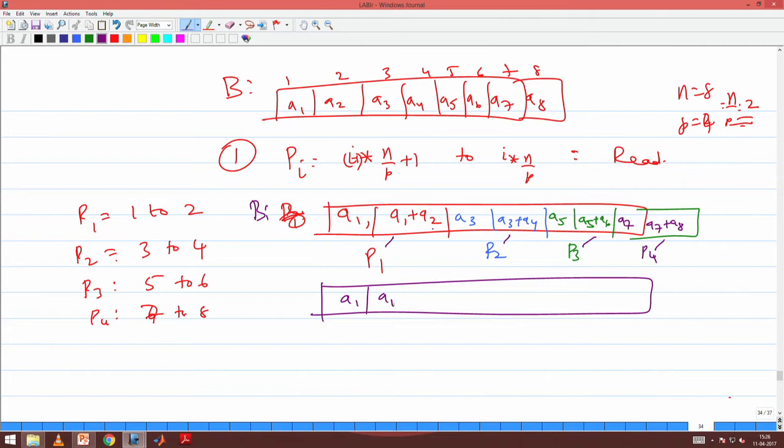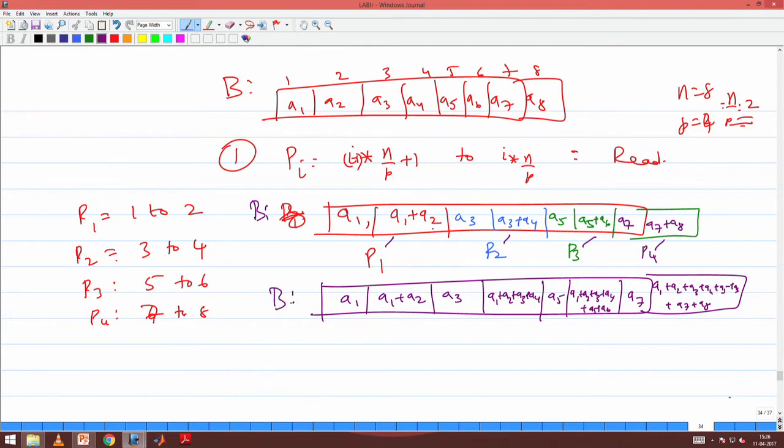A1, A1 plus A2, A3, A1 plus A2 plus A3 plus A4, A5, A1 plus A2 plus A3 plus A4 plus A5 plus A6, A7, A1 plus A2 plus A3 plus A4 plus A5 plus A6 plus A7 plus A8.